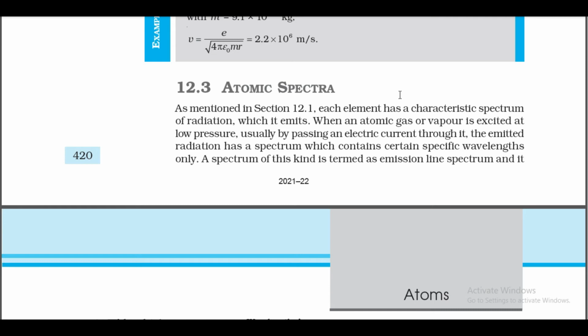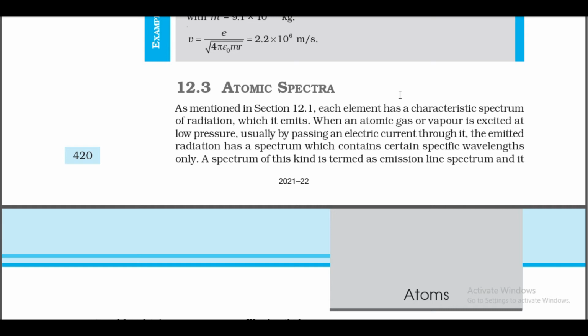12.3 Atomic spectra. As mentioned in section 12.1, each element has a characteristic spectrum of radiation, which it emits when an atomic gas or vapor is excited at low pressure, usually by passing an electric current through it.